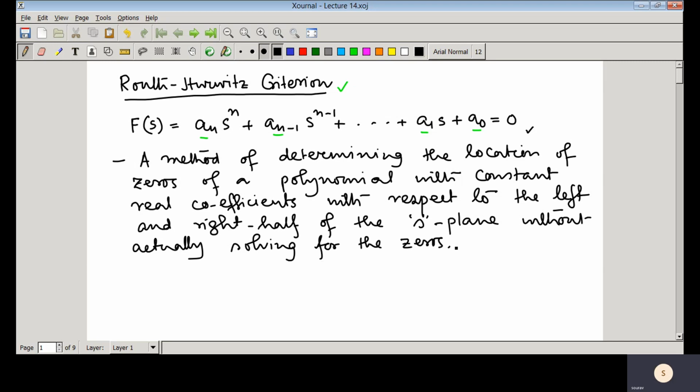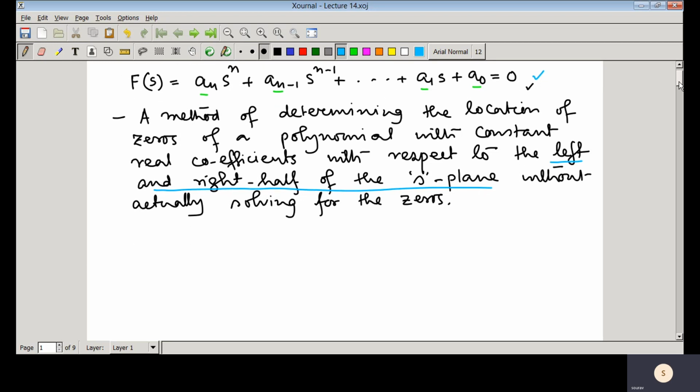So without solving this characteristic equation, this is the method by which we can say whether the roots are on the left or on the right half of the S-plane.